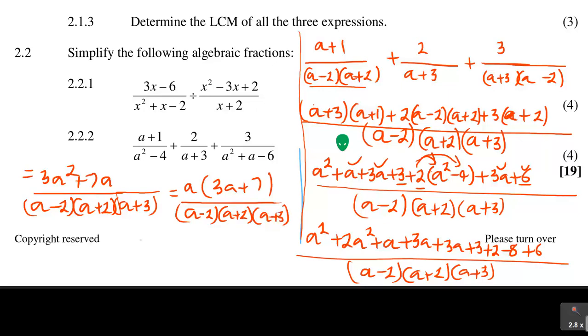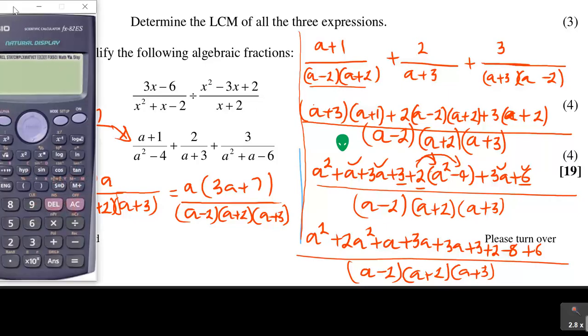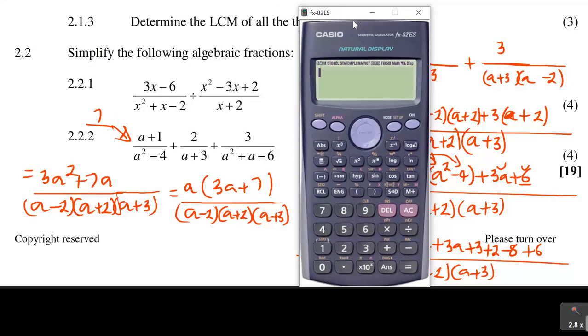Now it looks a bit long and a bit, that insecurity whether it's correct or wrong, but always test it. Choose any value of x. For example, x is 7. We're going to use 7. Just any value. Put it in the first one, put it in the last one, the answers must match.